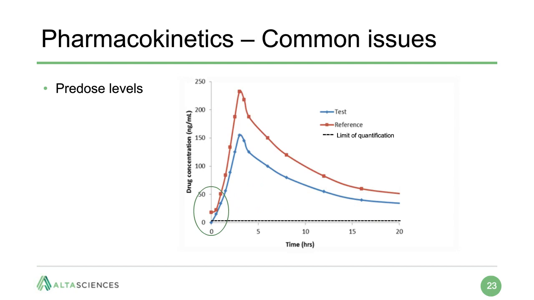Now, this example is a case where pre-dose drug levels are observed for the reference formulation, which is the red curve. You can see the time 0 sample has a measurable value which would be expected to be 0 since the subject would not have been dosed at this point. For non-endogenous synthetic drugs, this is usually a sign that something wrong occurred in the clinic.